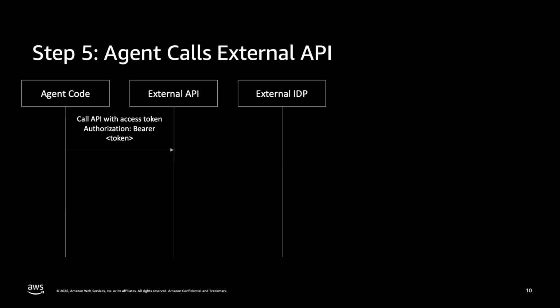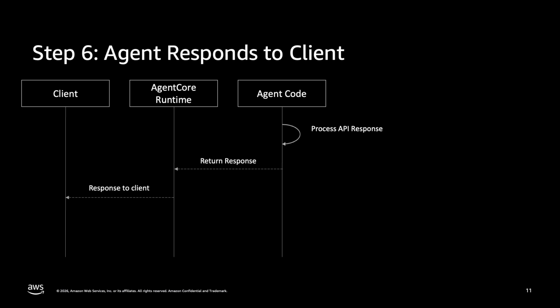The agent makes the API request with the token in the authorization header. The external API validates the token with its identity provider, confirms it's valid, and then returns a response. Finally, the agent processes the API response and returns the results to the client through AgentCore Runtime.